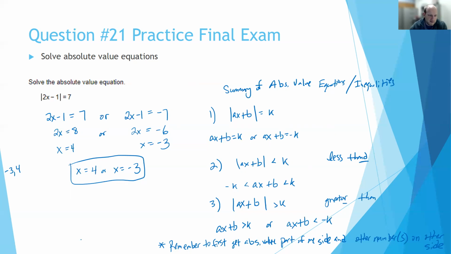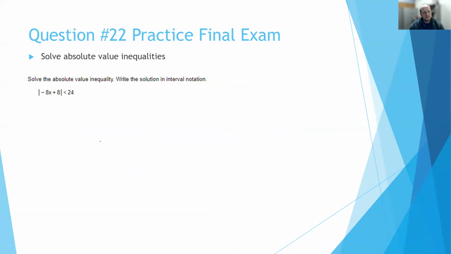Let's go through an example of when we have a less than. Solve the absolute value inequality. Write the solution in interval notation. So first of all, you check, is the absolute value part on one side? Is everything else on the other side? Yes, it is.